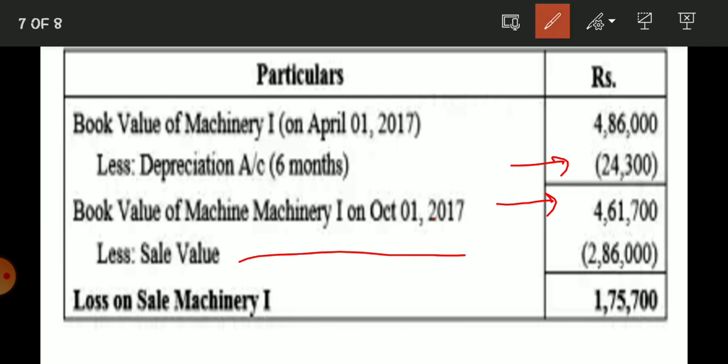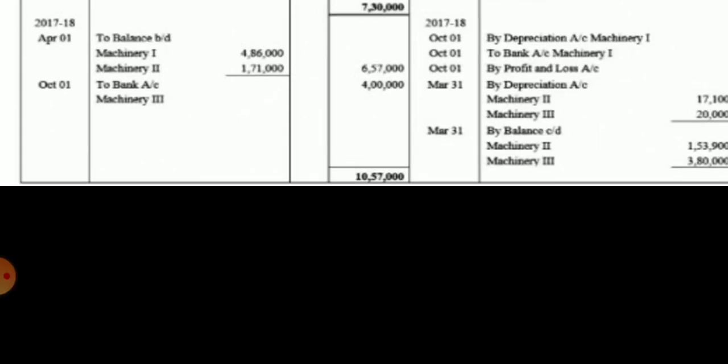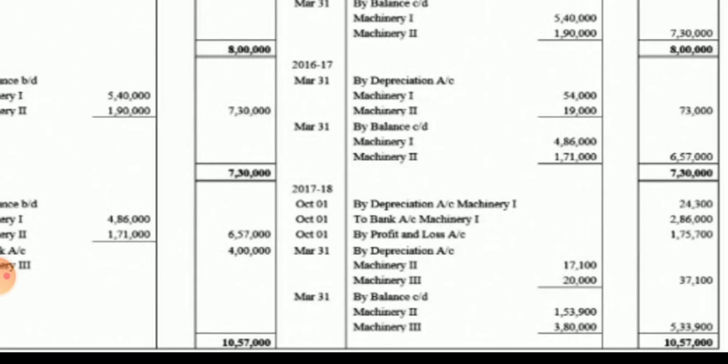But you can see that the machinery value is 4,61,700 on 1st October 2017 but is sold at a loss at 2,86,000, and the loss will be transferred to the P&L account, profit and loss account. Okay, so you have to transfer it here in the profit and loss account.